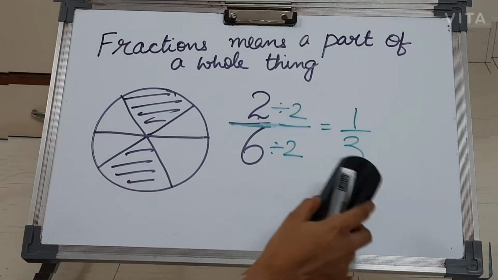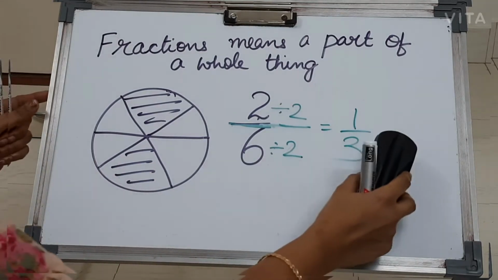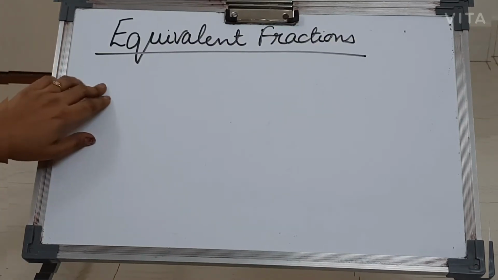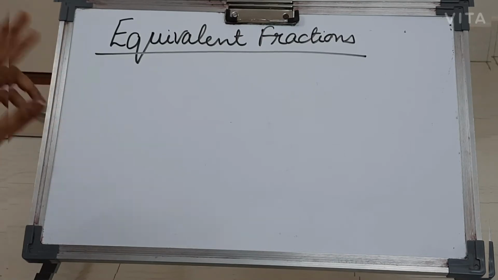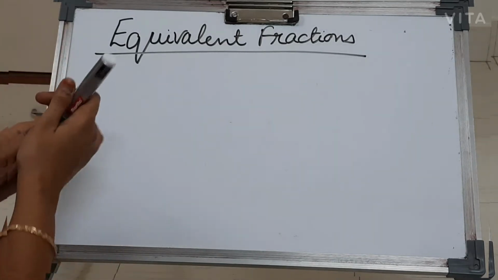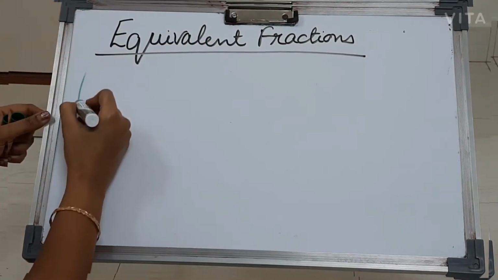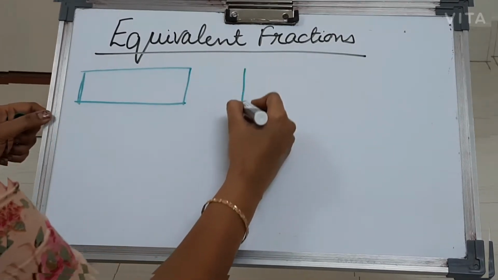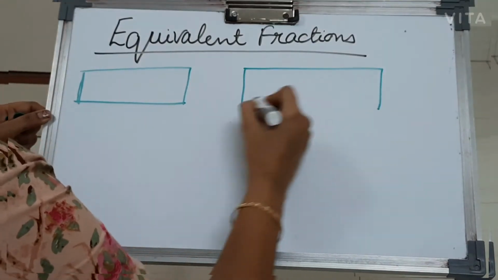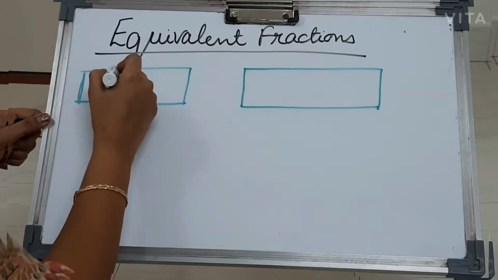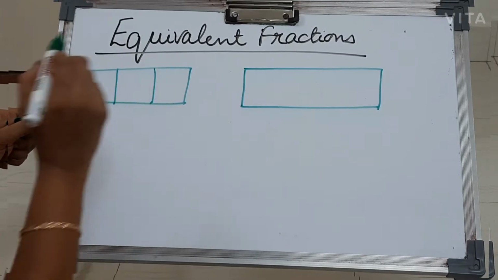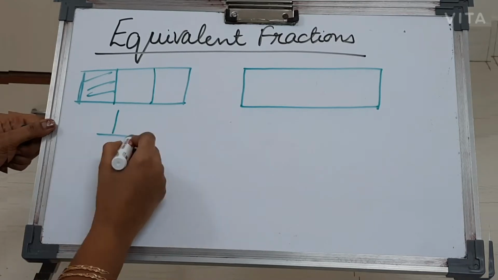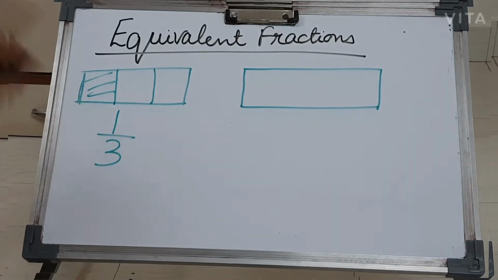Okay, so let's start with the next part, the equivalent fraction. What is this term called? Equivalent means, for our calculation purpose, when we simplify a certain fraction and the answer relates to the same number, that is called an equivalent fraction. Suppose I take two rectangles, you see here I am drawing. If I divide this rectangle into 3 parts and shade 1, then this is 1 divided by 3, meaning out of 3, 1 is the shaded part.